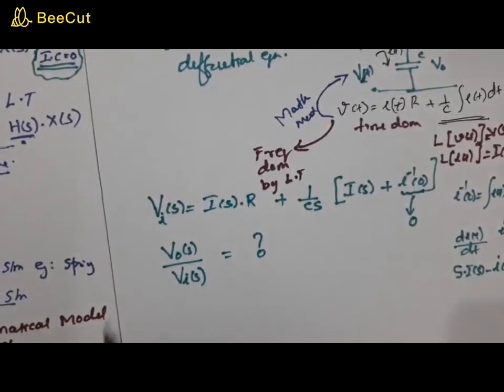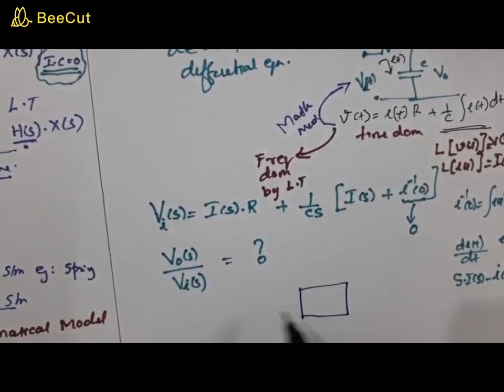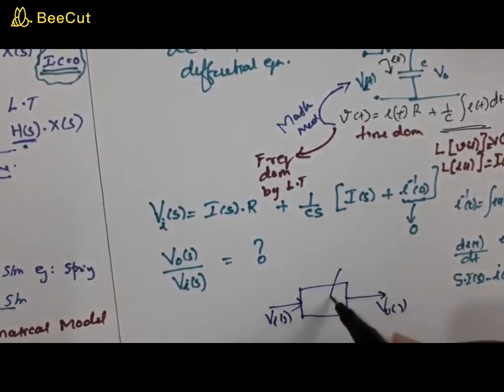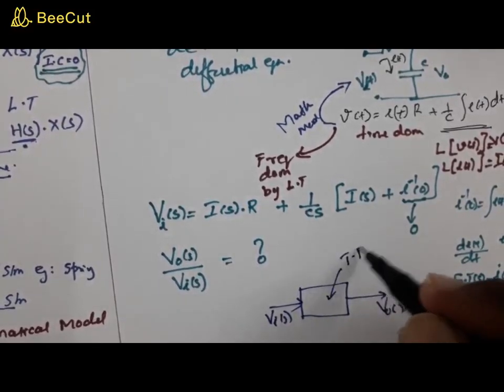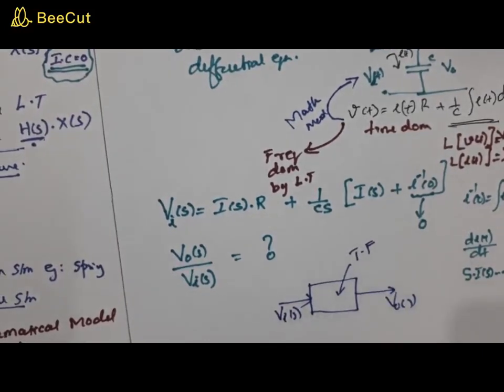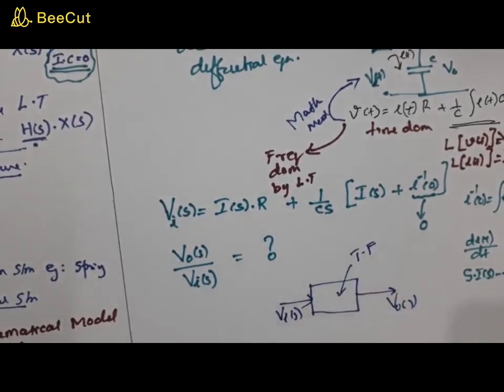Now once you have got this transfer function, you can simply develop a simple block diagram with Vi of s and V0 of s, and inside you write your transfer function. This is the simplest way of representing a block diagram, and I will show you that the inside of this block diagram can also be expanded.